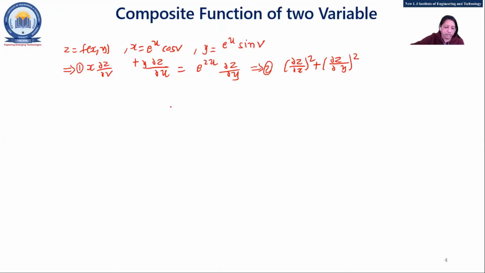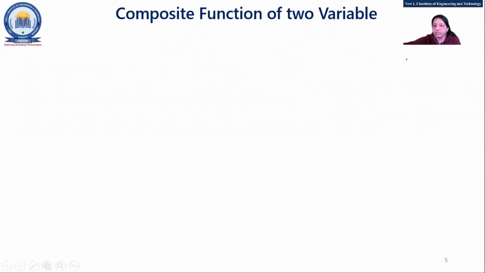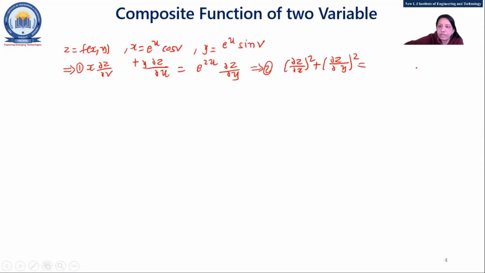Square equal to e raised to minus 2u into del z by del u square plus del z by del v square. So this two proof you want to prove, right? Right. And given is this.